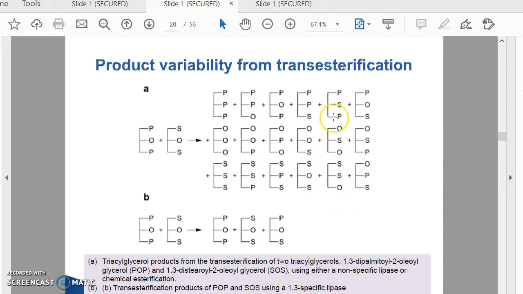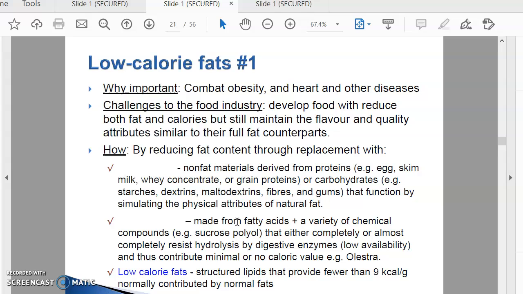Because for the first one, A, you produce so many products and it's hard for you to purify, you can use a more specific one. Then you can just produce 3 and purify one of the 3, or you can use all of them.